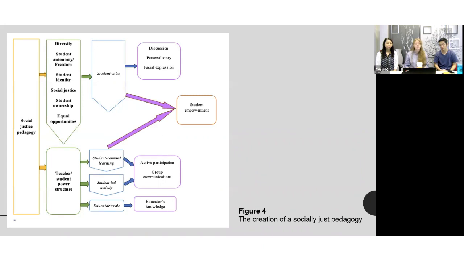Now, in order for the power structure to change, of course, the educator needs to step back. We need to take a moment and say, actually, I can facilitate these students in their learning. I can act as a guide when they ask.